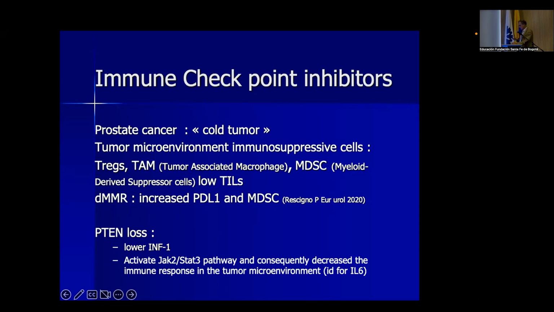Among these, the PTEN alteration and the other molecular alterations that we saw earlier on the PAM50 test, such as TGF-beta, interleukin-6 and SEMIC, also lower the immune response.